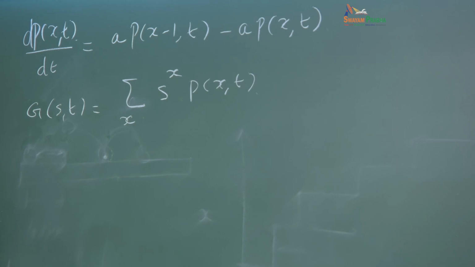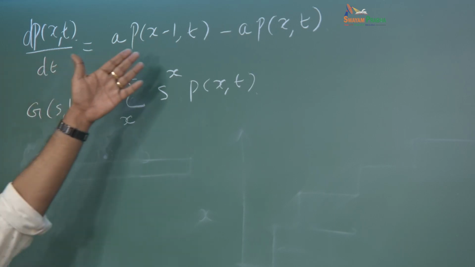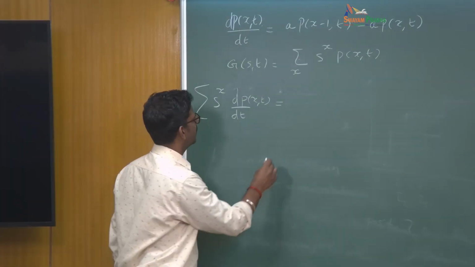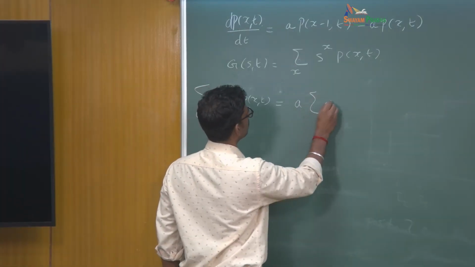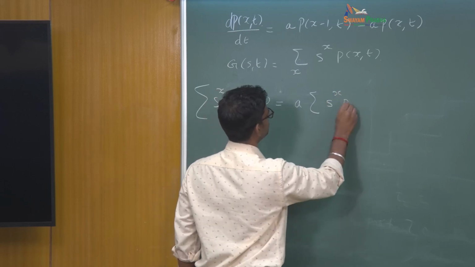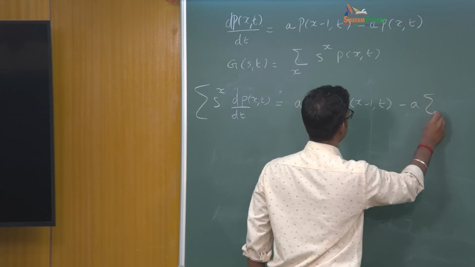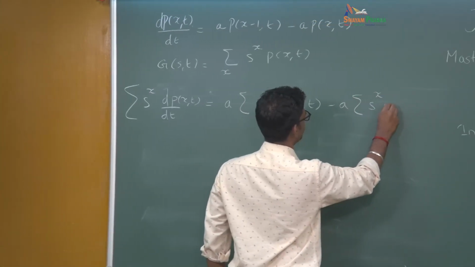So we do the same thing. We are going to multiply s power x everywhere and then sum over. So here we have s power x p of x minus 1 comma t minus a s power x p of x comma t.